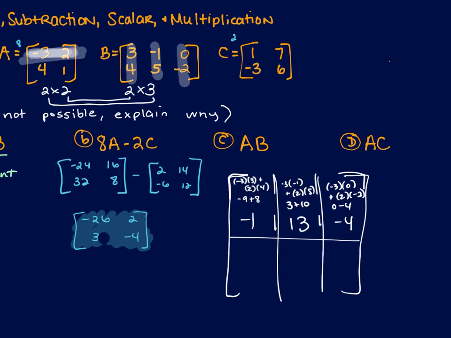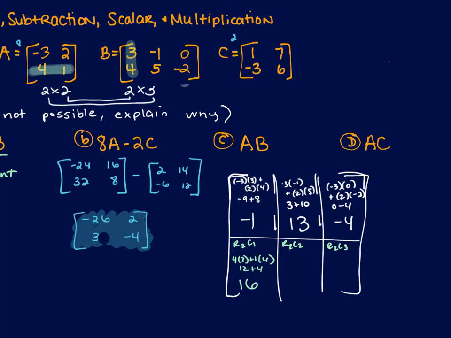Then I go to row 2. So remember, the name of the cells tells you what to multiply out. So this would be row 2, column 1, row 2, column 2, row 2, column 3. So the first one, row 2, column 1, is 4 times 3 plus 1 times 4, 12 plus 4, which is 16.